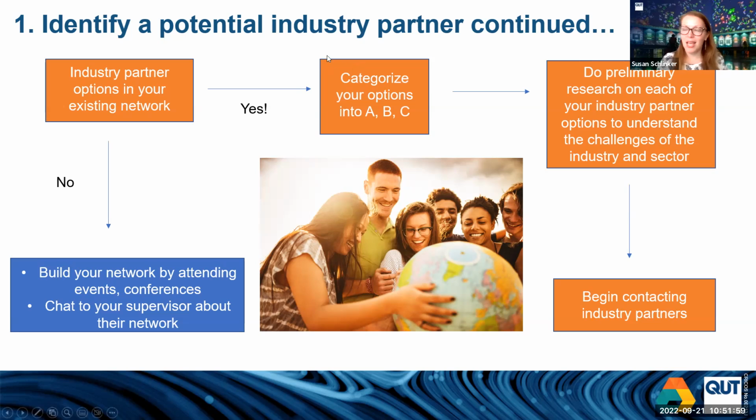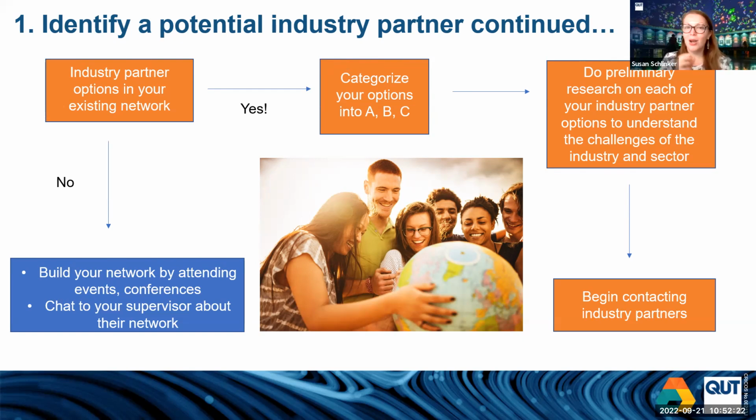What I recommend is to spend some time and categorize those options into A, B, and C. The reason I'm suggesting this is that in your A category, to have an internship with these organizations would just be a dream.